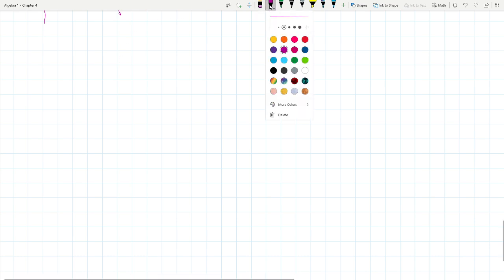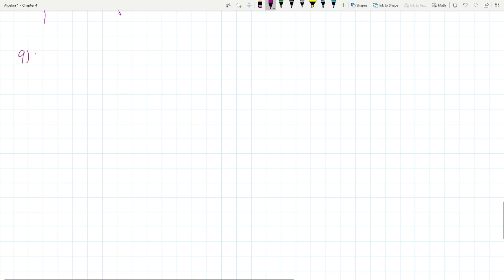For numbers 9 and 10, we're going to determine whether the sequence is arithmetic or not. For number 9, we have 12, 17, 21, 26. Here's a bunch of numbers, and we're going to see if it changes by the same amount each time. To go from 12 to 17 is plus 5. To go from 17 to 21 is plus 4. And 21 to 26 is plus 5.